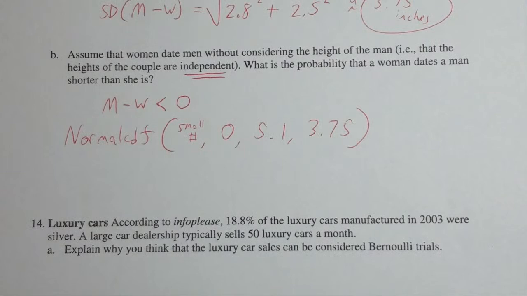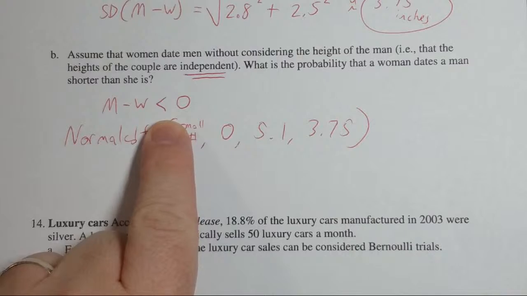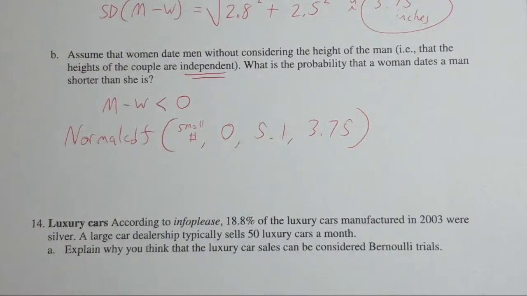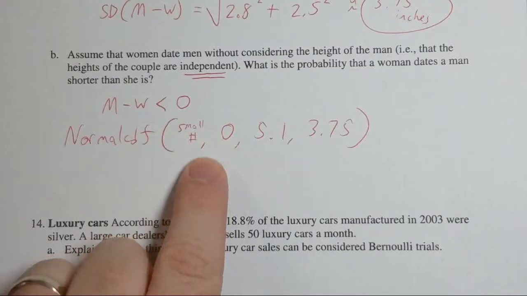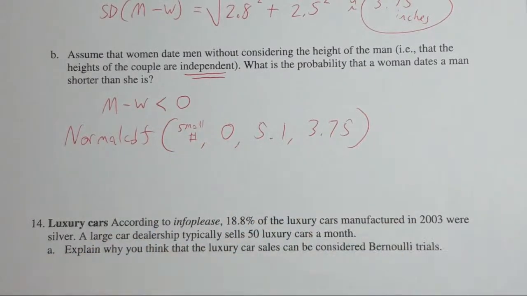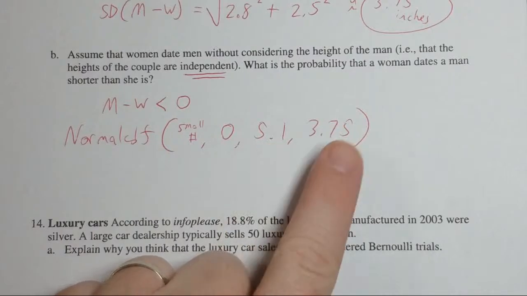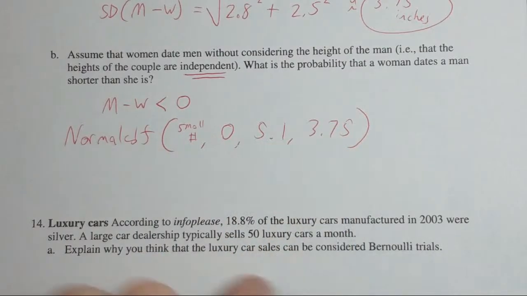We're trying to find the probability, which in this case, we're using the normal probability function, of women being taller, meaning we're looking at the value being less than 0, being negative, because we did all these other calculations as men minus women. Small number comma 0 will take that normal distribution in the negative direction with a mu of 5.1 and a sigma of 3.75.